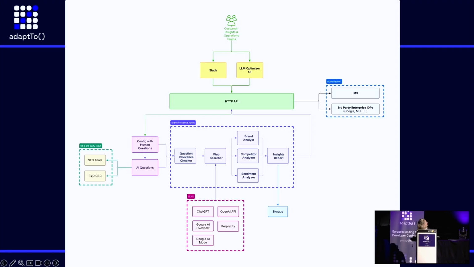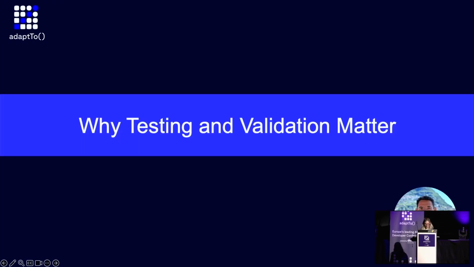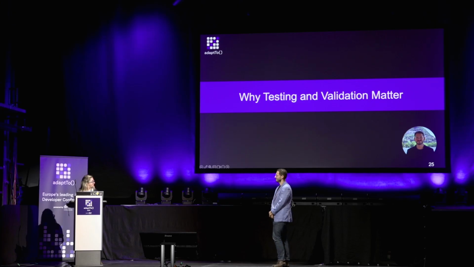And we have an agentic workflow in the very center of the product, which is getting the insight from web search tools like ChatGPT, Google AI Overview, Perplexity, and so on. We turn these queries into complex analysis, and as a result, we show it in the UI or on Slack, however we prefer. So please go ahead, Flavio.